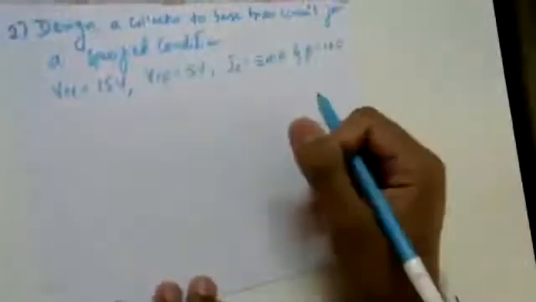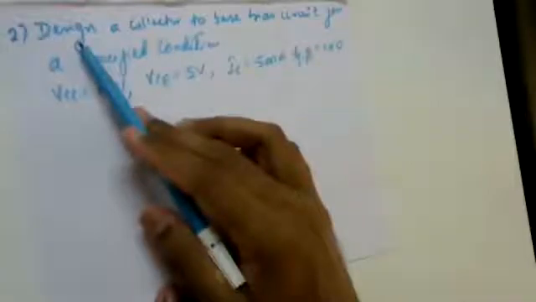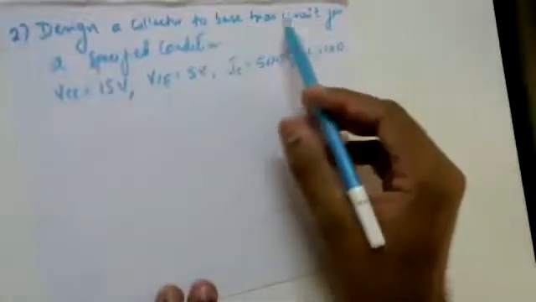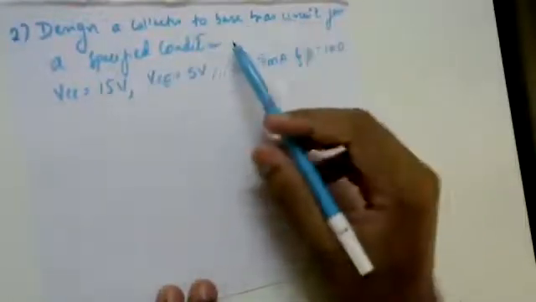So this is what has been given in the numerical. He is asking us to design a collector to base bias circuit for the specified condition.